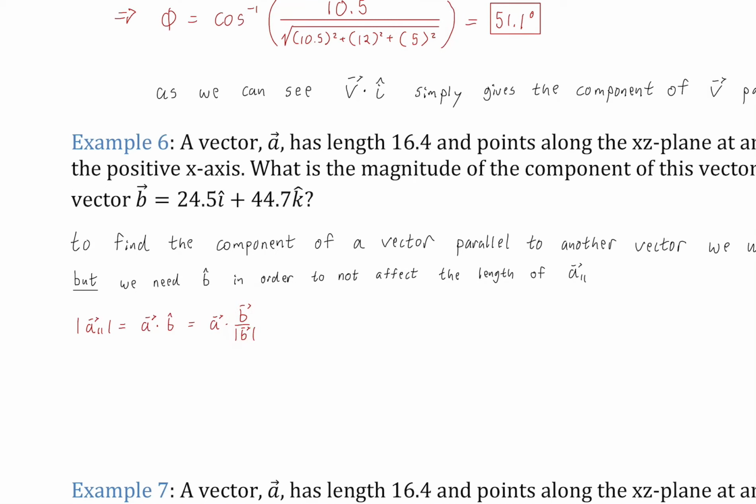This is how to turn a vector, in this case the b vector, into a unit vector. You divide by that vector's magnitude. So here's the vector, 24.5 i hat plus 44.7 k hat, divided by the magnitude. In this case, this is the 2D Pythagorean theorem.